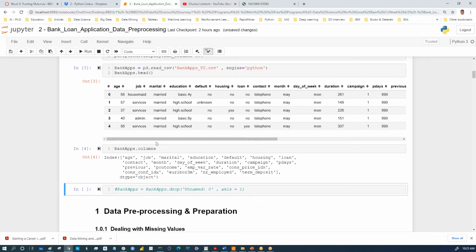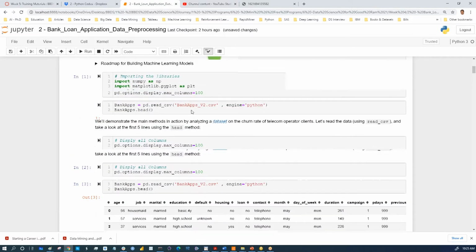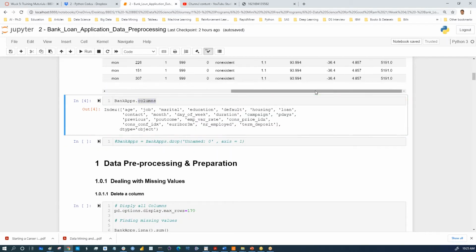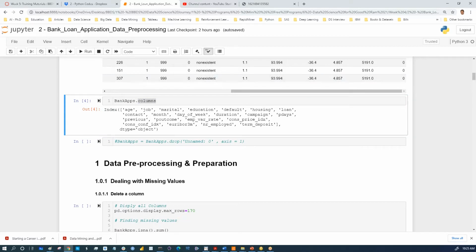I don't remember how many features we started with, but now we have few.